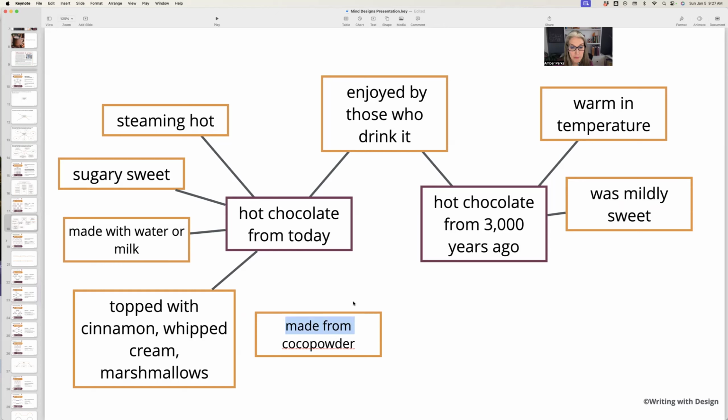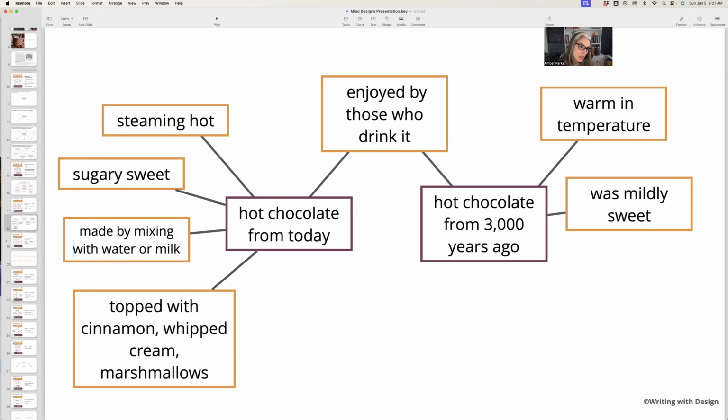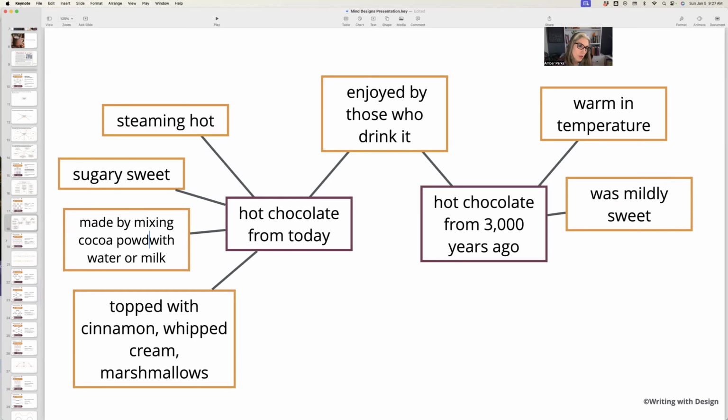So made by mixing, there we go. Made by mixing cocoa powder with water or milk. Perfect. Okay. So we can tell a lot more about hot chocolate from today because we have a lot more experience with that. The article had some information about hot chocolate from 3,000 years ago, but not that much.